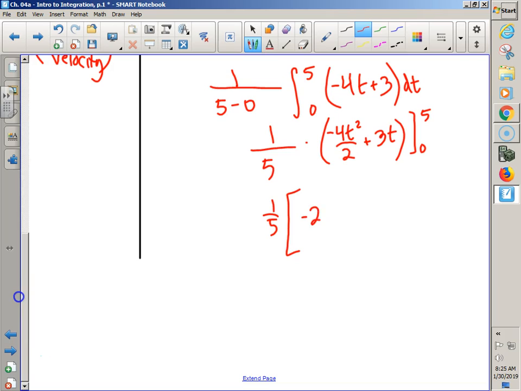Wait, isn't that negative 2 times 5 squared plus 15, f of b minus f of a? What does that end up being? 25 and 2, negative 50 plus 15.